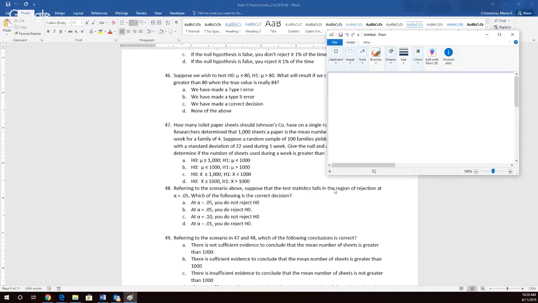Suppose the test statistic falls in the region of rejection at 0.05, which of the following is a correct decision? Well, remember that your critical values determine your regions of rejection and your regions of non-rejection. We're not given the critical values here, but we know that there are regions of rejection and then a region of non-rejection, right?